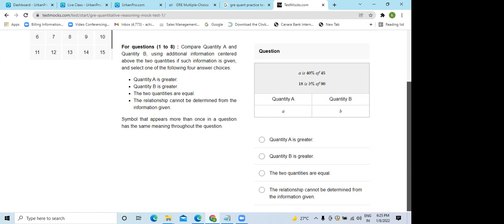When I say 40%, you should know that it is equivalent to 2 by 5. You should know these fractions. So straight away, you should tell me that A is 18. Then B is 18%. It's going to be B, sir. Quantity B is greater. Okay, let's check it out later.